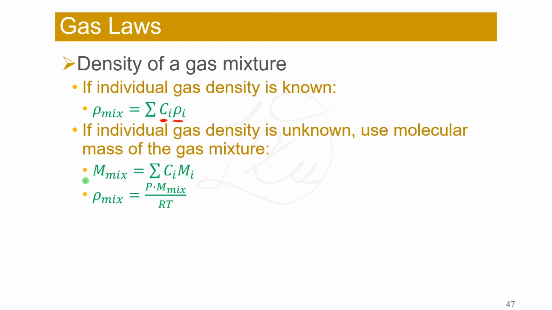We calculate the equivalent molecular weight of the gas mixture by adding up the concentration of each gas times the molecular weight of that gas, for all the gases. Now we have the molecular weight of the gas mixture. Because density equals pressure times molecular weight divided by R and T, we can calculate the density of the gas mixture.